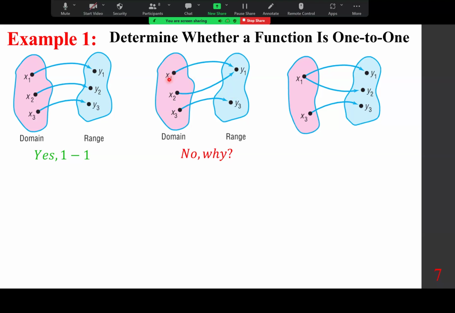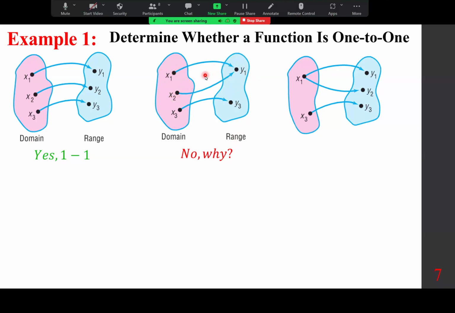Because x sub 1 corresponds to y sub 1, and also x sub 2 corresponds to y sub 1. In essence, the range is being repeated. A one-to-one function can't have a repeated y. Any that repeats fails to be a one-to-one function because y is repeating: x sub 1, y sub 1, x sub 2, y sub 1.